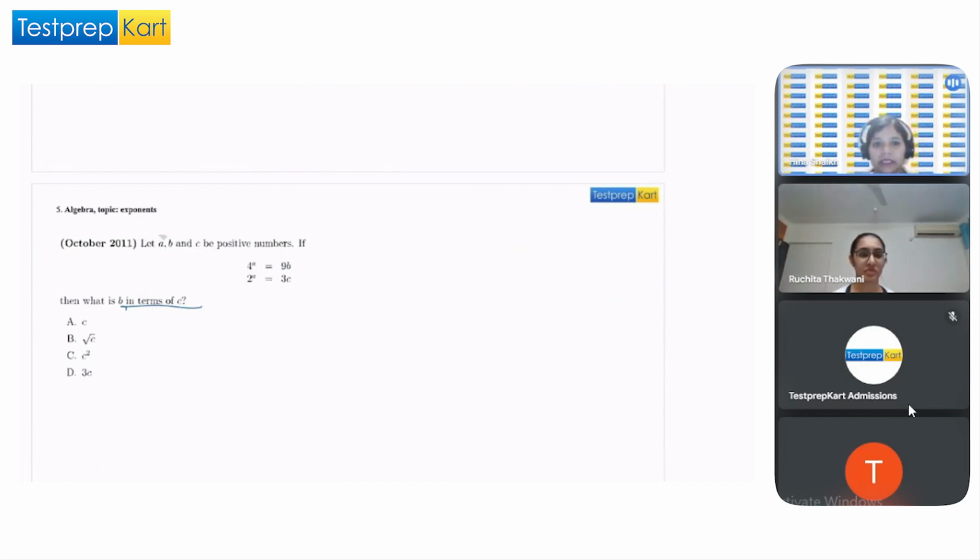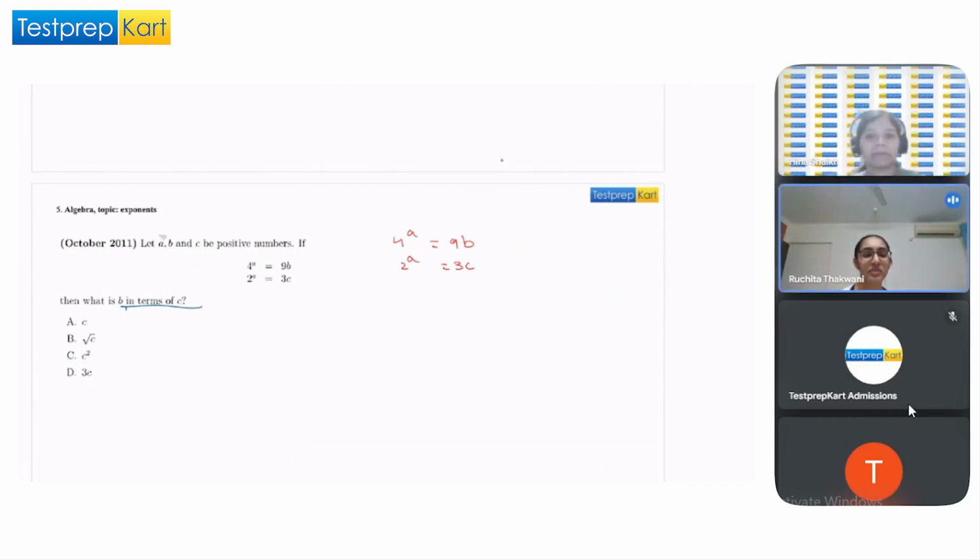Okay, let A, B, C be positive numbers. If 4 raised to A is equal to 9B and 2 raised to A is equal to 3C, then what is B in terms of C? So first thing, how will you relate that? It's just C square.